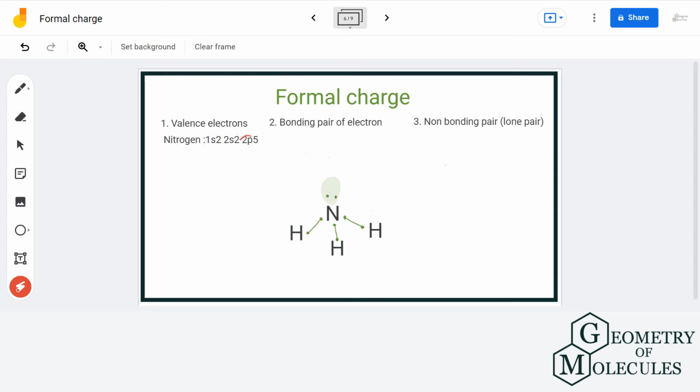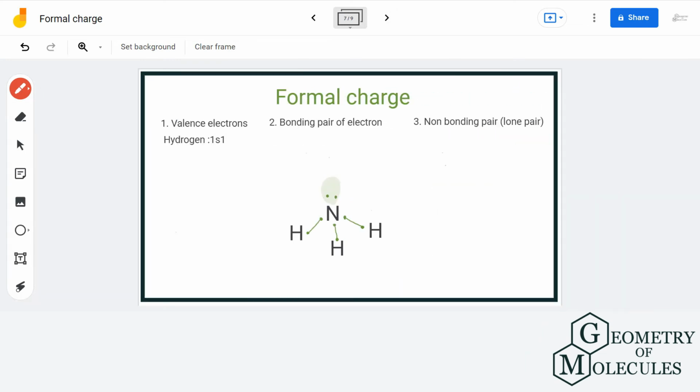Here the outermost shell is the second shell and it has 5 valence electrons. The electrons involved in bonding are 1, 2, 3, 4, 5, 6 and the non-bonding are 1, 2. So the formal charge on nitrogen is 5 minus 2 minus 6 divided by 2, which is equal to 5 minus 5, which equals 0.